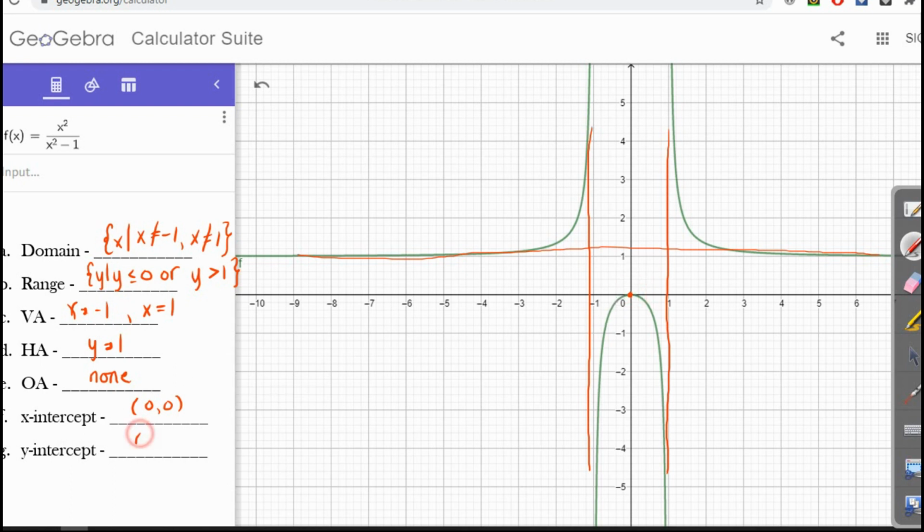So we have 0, 0. So if we are going to check our answers for this function, only the range cannot be found by analyzing the function alone. Therefore, that gives us an idea that not at all times could we apply the general rule in finding the properties of a rational function.